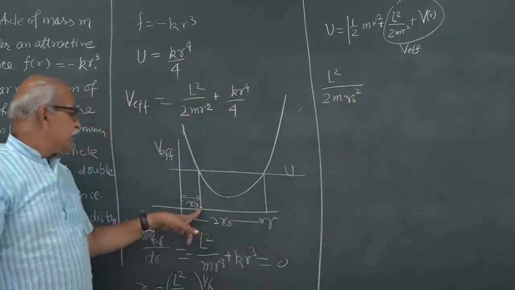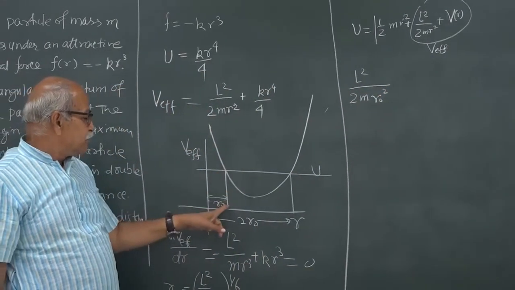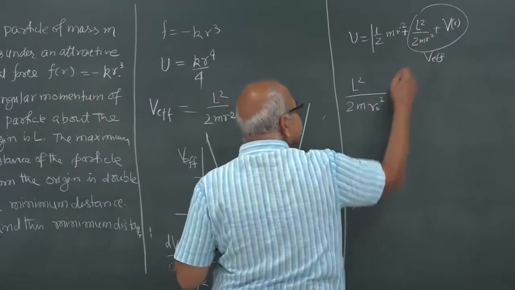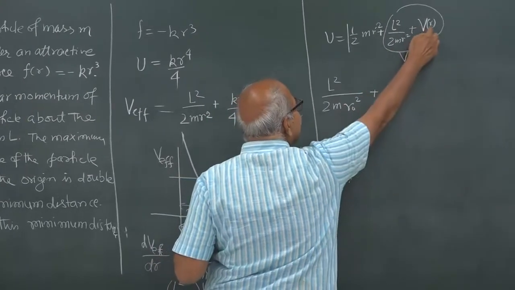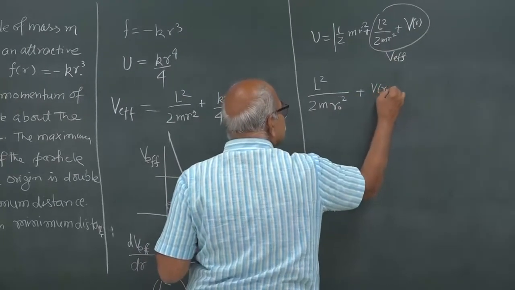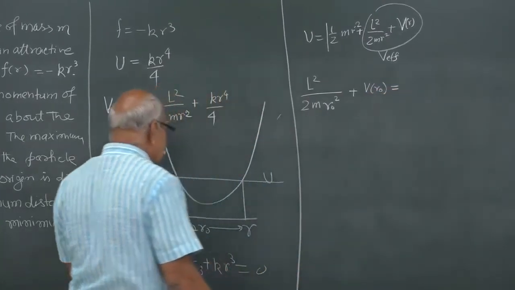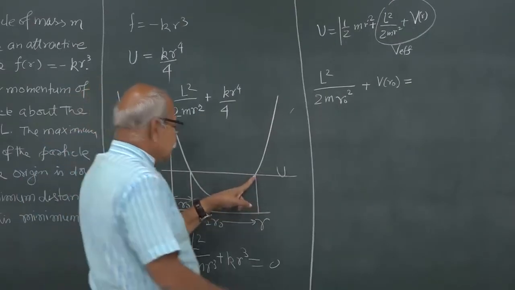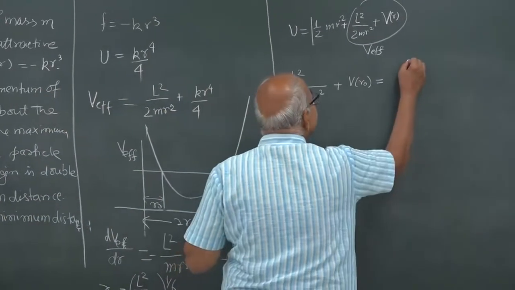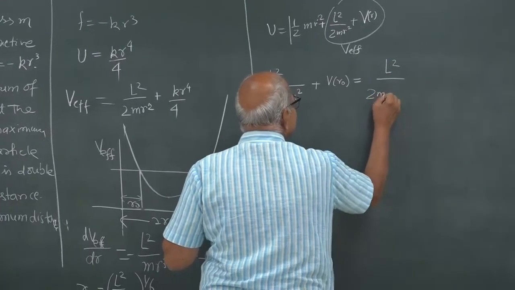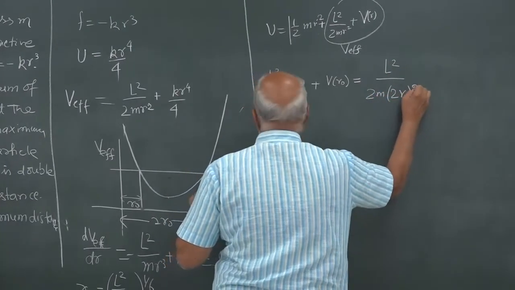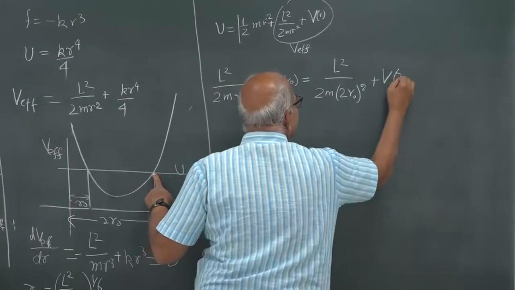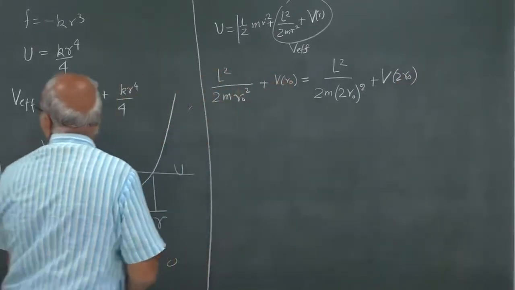Okay. At this point, the minimum distance, what is the effective potential energy? So, r is equal to r naught. I am writing r naught here, plus the potential energy at r naught, which is equal to the effective potential energy at this point. So, the effective potential energy at this point is L square divided by 2 m 2 r naught square, plus the potential energy u at 2 r naught, like this.